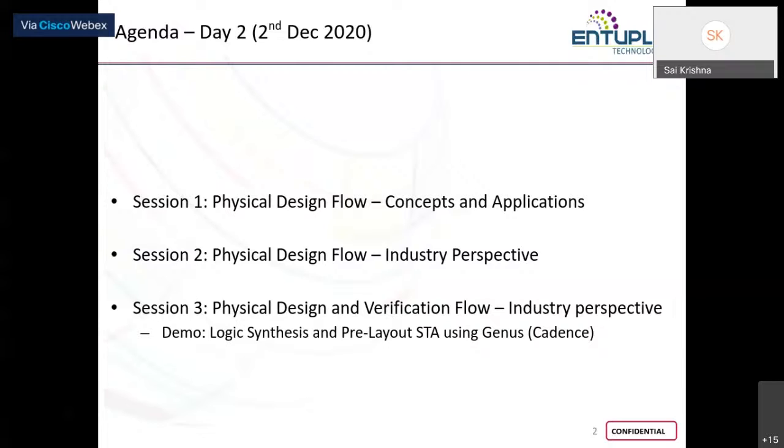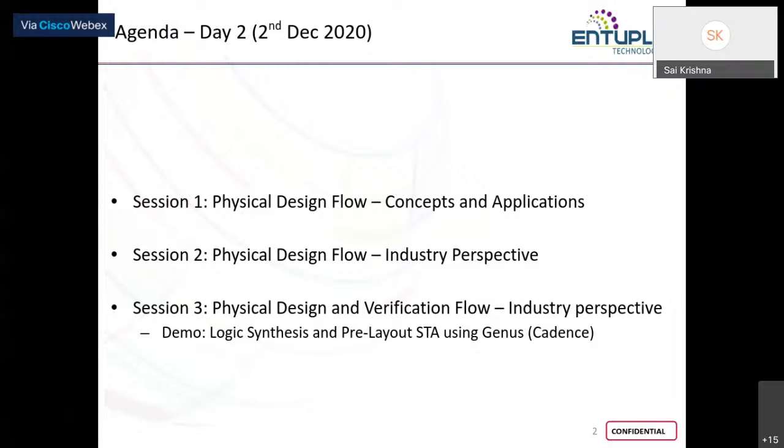We have seen how the architecture is built, how it's split down into microarchitectures or subblocks, and we have also seen how the RTL code is built, how it is simulated in three stages using compilation, elaboration, and simulation. And then we came down to synthesis, which is where the backend starts.